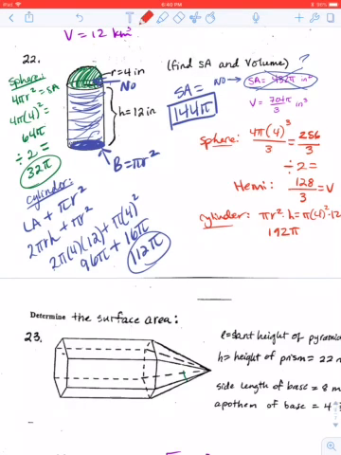And oh dear, Miss Coffee forgot her pi up here. Terrible. And then we're going to add those. So 128 pi over 3 plus 192 pi.